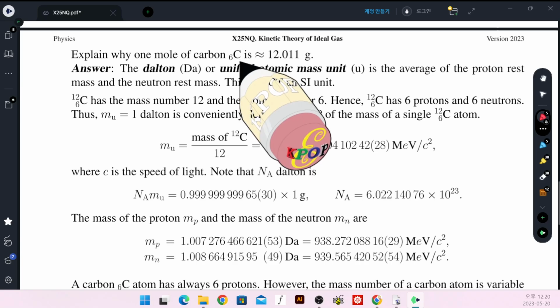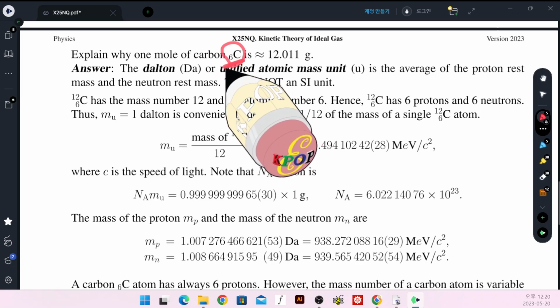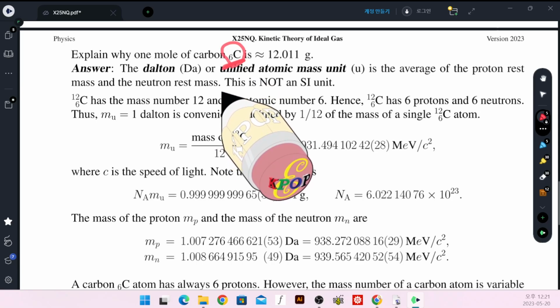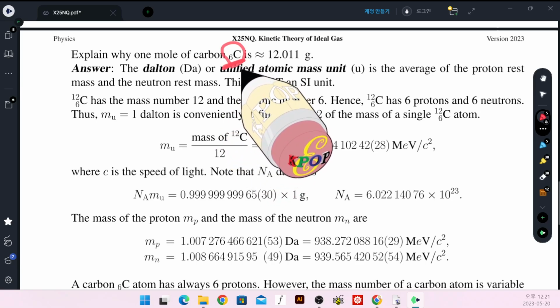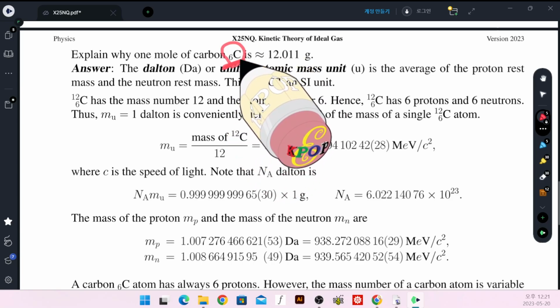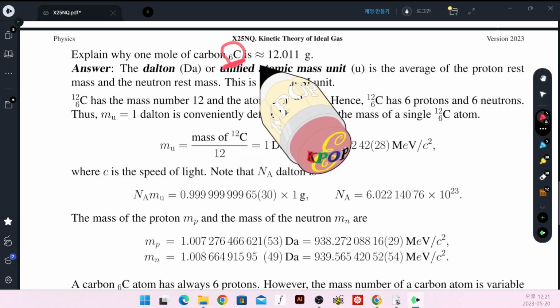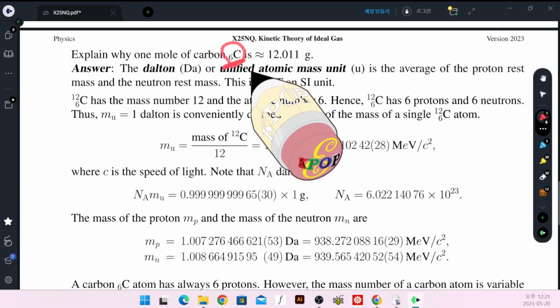It's a very popular thing to consider when considering the mass of an atom. We usually use the carbon atom. A single carbon atom has 6 protons in it, and usually 6 neutrons, to have 12 nucleons.